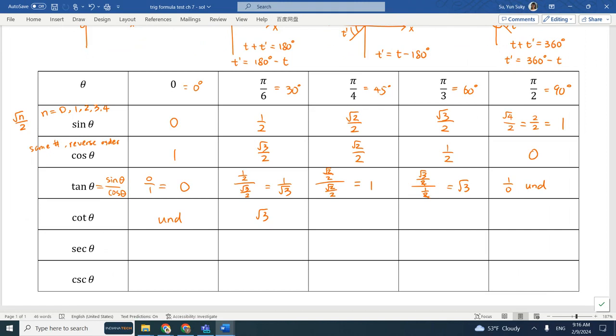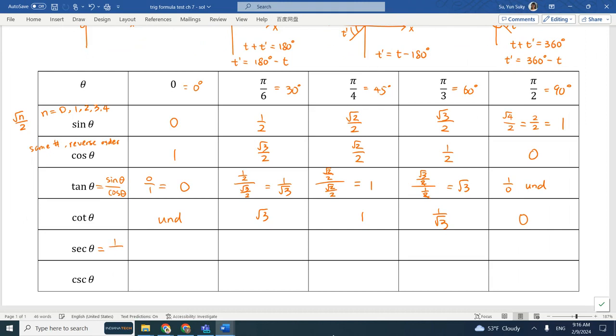I'm still on the last one. Oh, okay. So 1. And 1 over root 3. And then 0. Yes. How about secant?